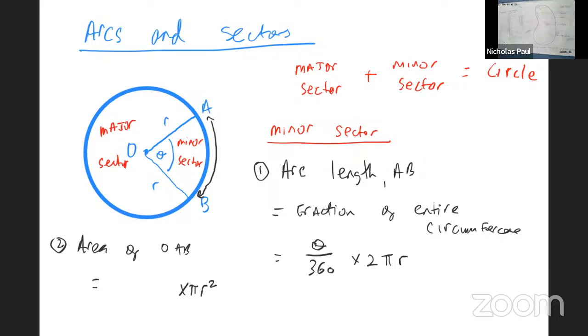Amanda? Theta over 360. So the area of the sector is theta on 360 by pi r squared. You're seeing why, right? Christian, you seeing why? It's a fraction of the entire circle. Everybody okay with that? Online, you're okay with that? Kevin, you okay with that?